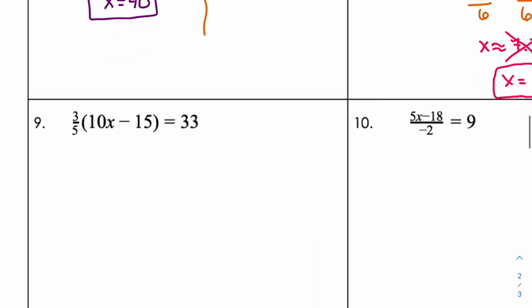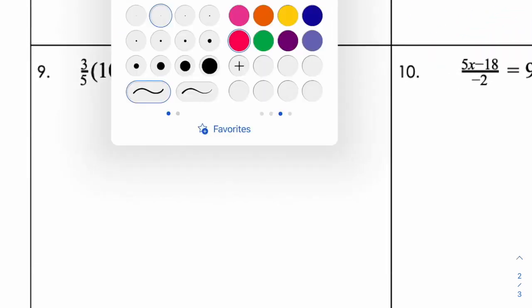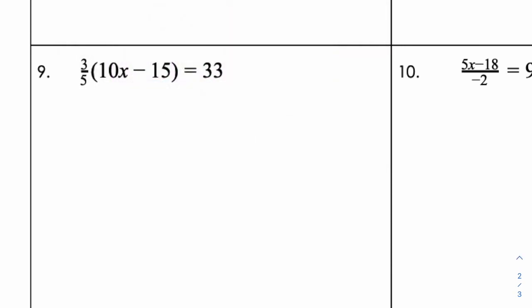Number 9, just 2 more. So here I have 3/5 times 10x minus 15. Keep the fraction. Same thing as before, if you turn it into a decimal and it turns out to be a repeating decimal and you round, your answer is going to be wrong.